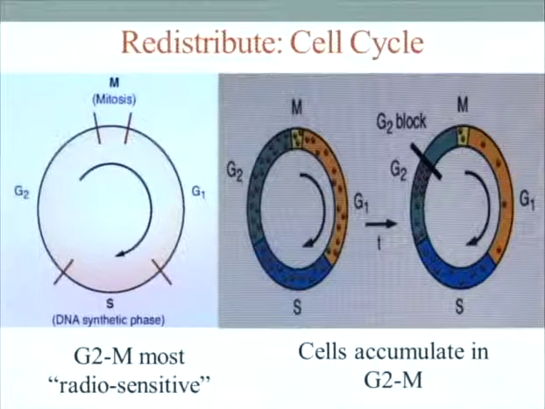But in the 24 hours in between, a G2 block occurs, so the cells start accumulating in the G2 portion of the cell cycle. When that next dose of radiation arrives, you have an enriched population of cells that are much more sensitive to RT. And again, just like with re-oxygenation, you're enhancing the effects of each radiation fraction.